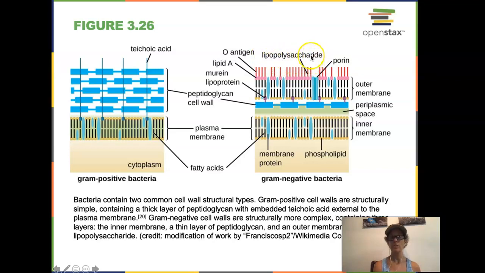So there is fat attached to a polysaccharide. That is this whole thing here, and that contains the O antigen and the lipid A components. So gram-negatives have a very thin cell wall, but they get this extra outer membrane that is a different way of protecting them.